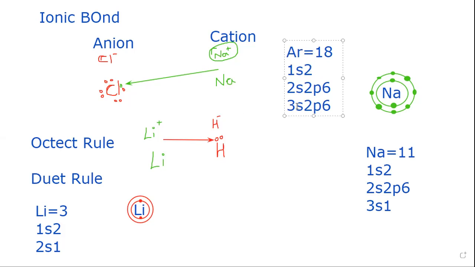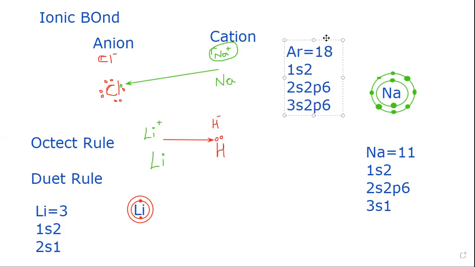Argon is a noble gas because it doesn't need to give electrons away or to accept electrons. It's already stable. It's already full. It's happy. It has the happy number. For the atoms, the happy number is 8. So argon is a noble gas.